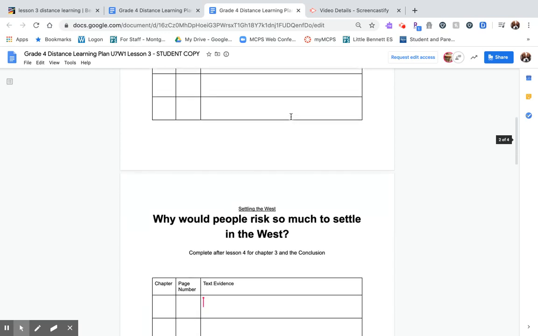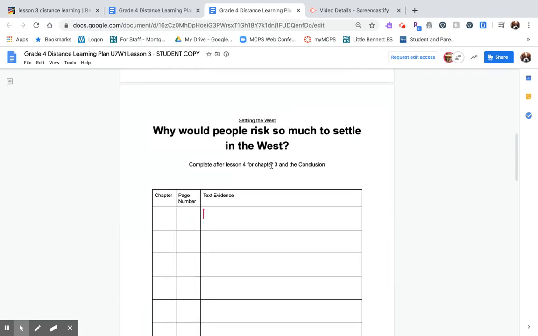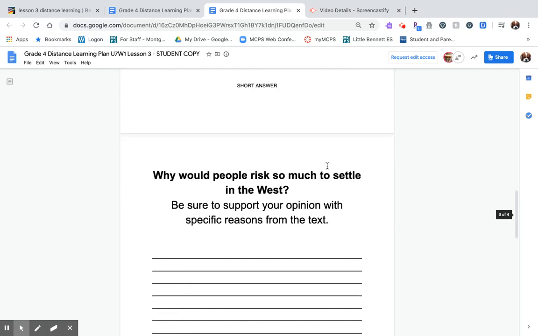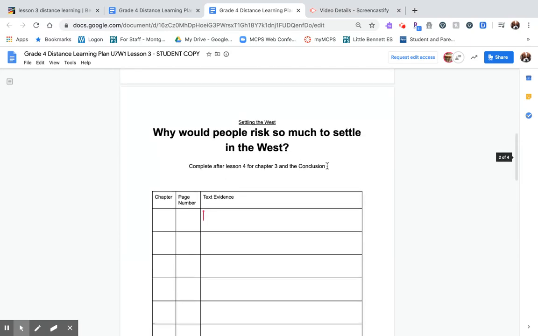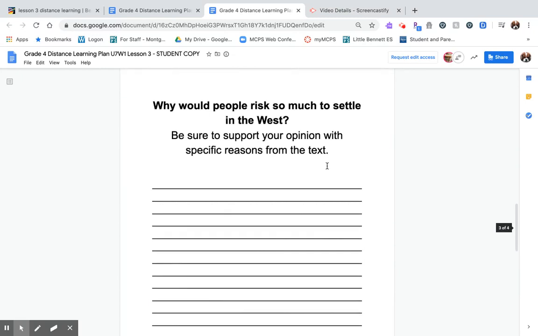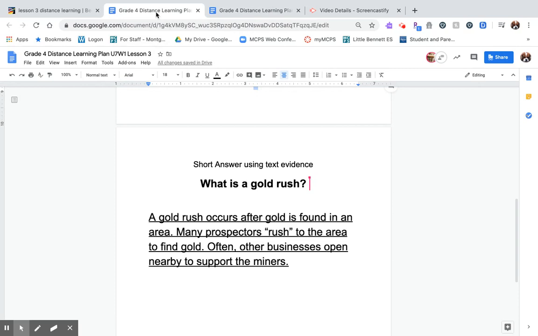For your next lesson, you will be looking at chapter 3 and the conclusion. You will use both graphic organizers to help you answer the question, why would people risk so much to settle in the West? Just like we answered the question, what is a gold rush, using text evidence.